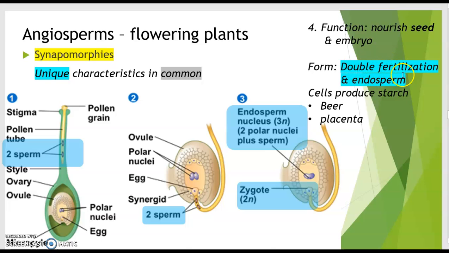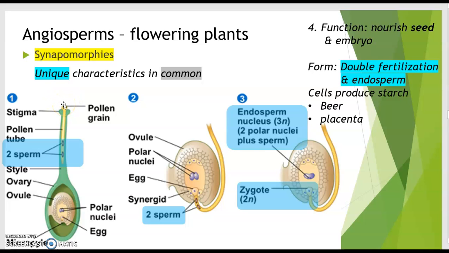So let's look into that a little bit more. Double fertilization. Well, it turns out that pollen grains carry a number of sperm with them. They carry at least 2 sperm per pollen grain. Those sperm that pollen grain will sit on top of a stigma.